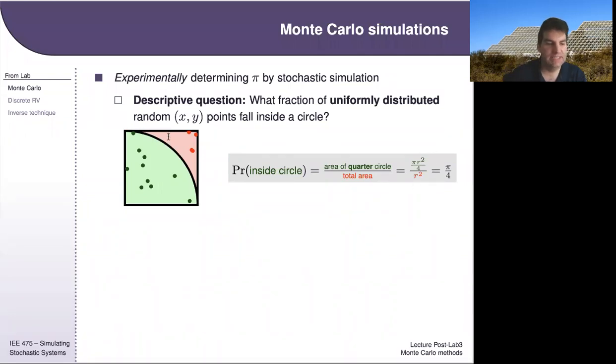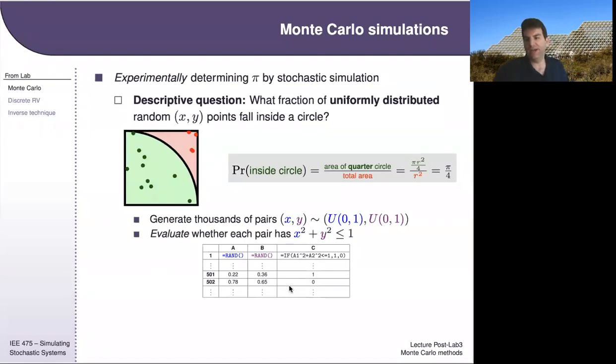So it kind of makes sense that if there's a pi over 4 probability of hitting the circle in the whole square, there's also a pi over 4 probability of hitting the circle in this little quadrant here. And so again, as long as you have a way to drop marbles on this square and then have a way to count how many marbles land within the circle, then you have a way to estimate pi. And that's what you did in the first part of the lab.